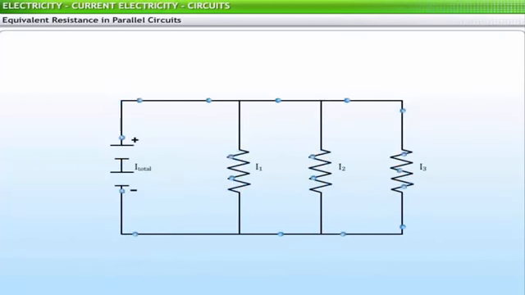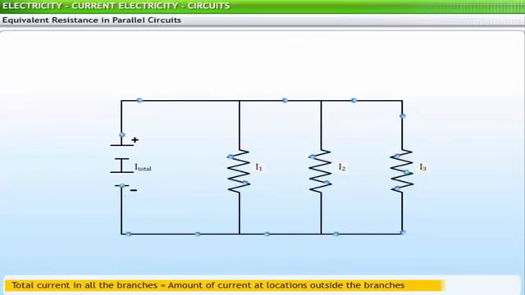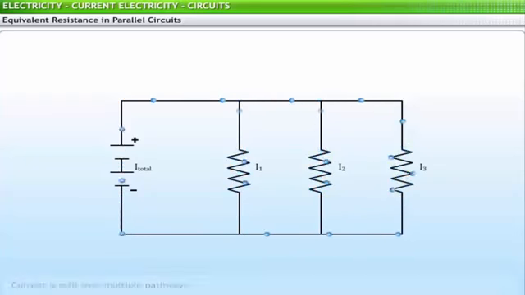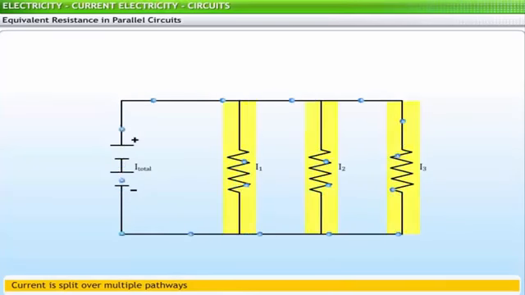Nonetheless, when taken as a whole, the total amount of current in all the branches is equal to the amount of current at locations outside the branches. Thus, the amount of current in the circuit is the same across all points outside the branches. However, it is split over multiple pathways.